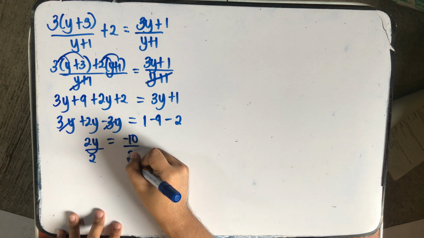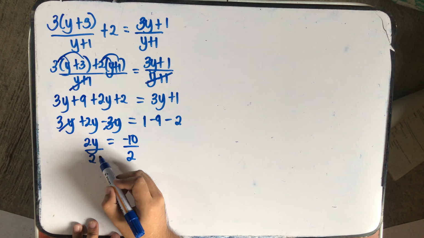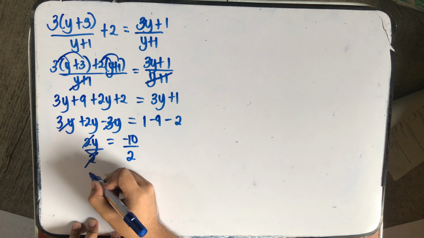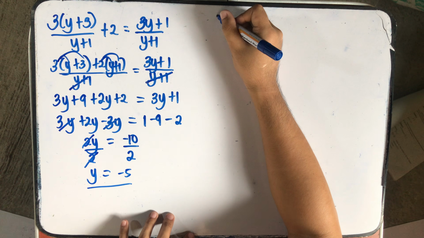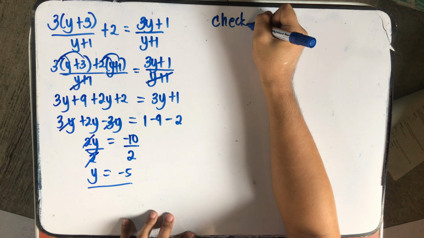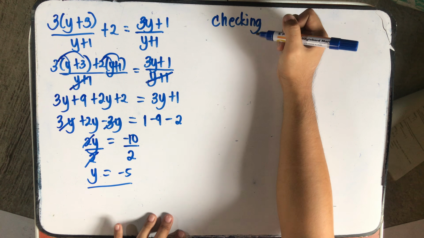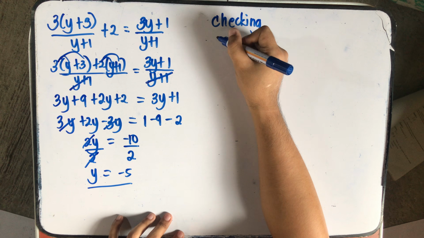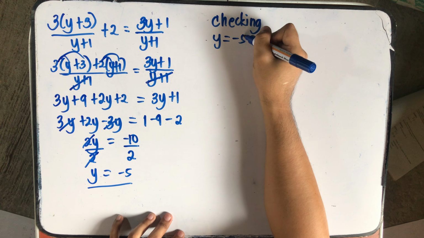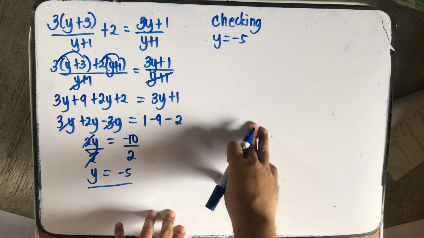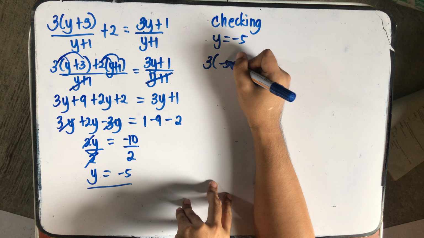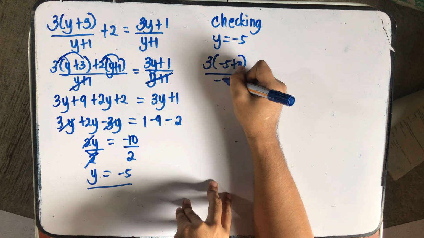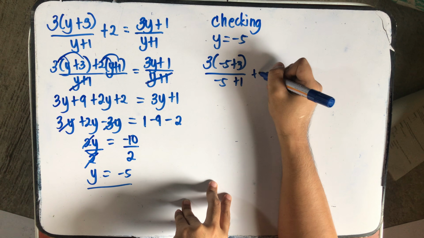Divide both sides by the coefficient of y, which is 2. Cancel out 2. Therefore, y is equal to negative 5. So, let us now try checking if y is equal to negative 5 is really a solution. So therefore, this becomes now 3 times negative 5 plus 3 over negative 5 plus 1 plus 2.